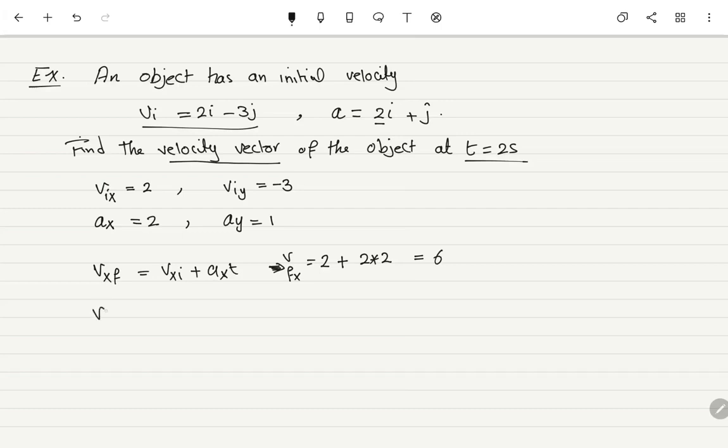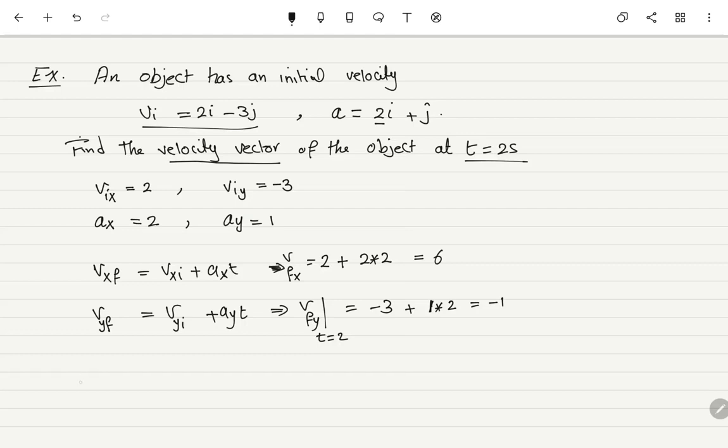Now v final y equals v y initial plus ay t. In this case, v final y when t equals 2 is minus 3 plus 1 multiplied by 2, which equals minus 1.